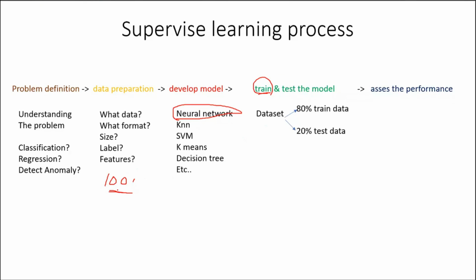When it has analyzed the 80 photos, then we're going to test it. How are we going to test it? We take 10 and ask the model, what is this photo? The model looks at what it has learned from the 80% and can predict this is COVID-19.